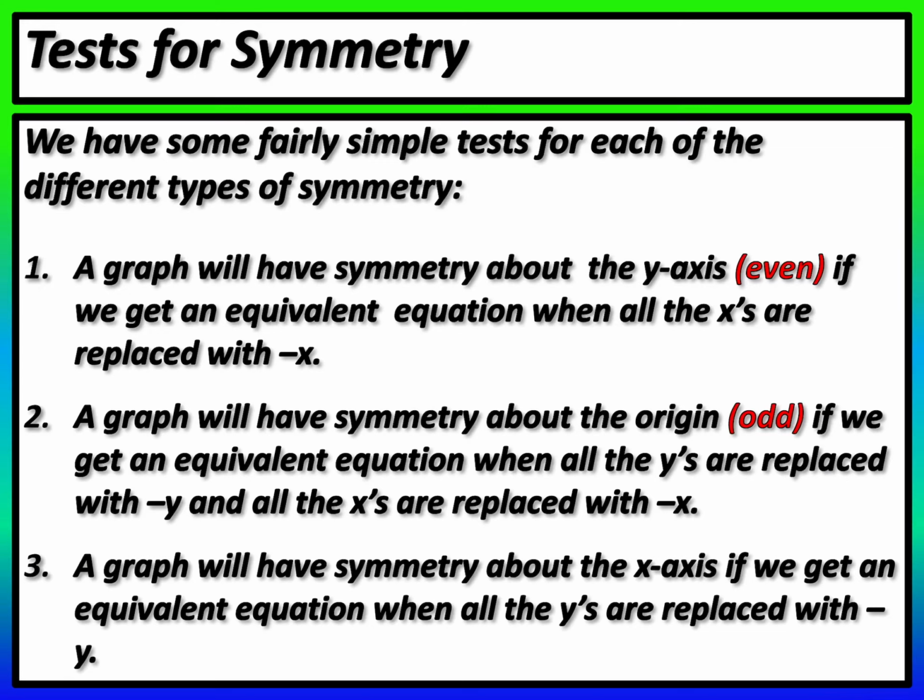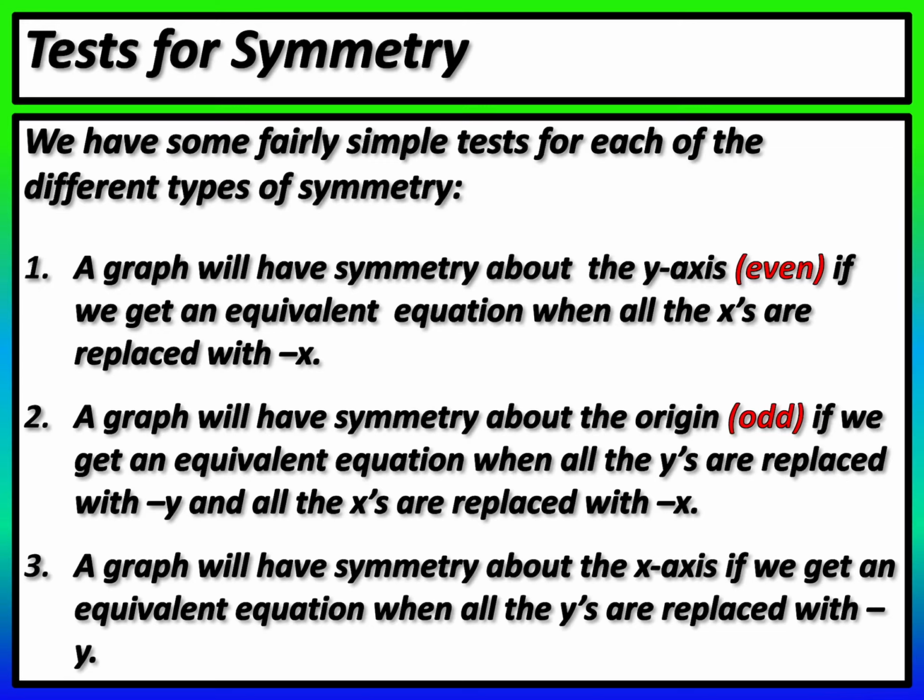Okay, so these are our 3 rules and how we're going to show this. So our test for symmetry, for even, in our function, we're going to replace all of the x values with negative x. And I'm going to show you all of this in just a minute, but that's your rule. So for even, you're swapping out for negative x.